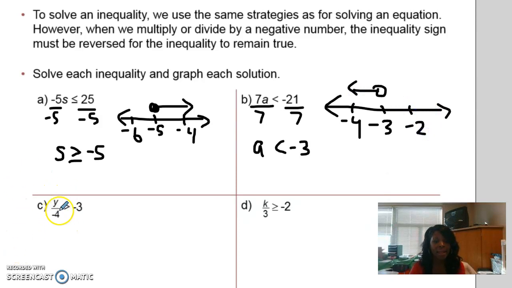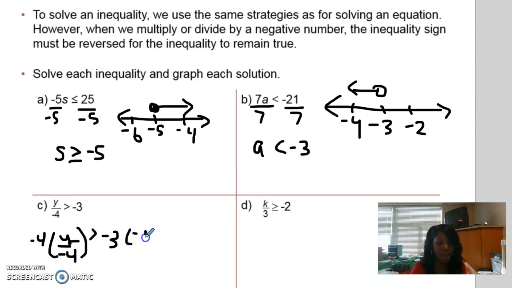Let's look at y. Some value of y is divided into negative 4 parts. Well, we want to know what y is, so we need to multiply 4 back in. So y divided by negative 4, we multiply negative 4 back in on both sides of the inequality. We do the opposite operation to dividing, which is multiplying, or if we divide a fraction, we know the algorithm for dividing fractions is multiplying by the reciprocal.